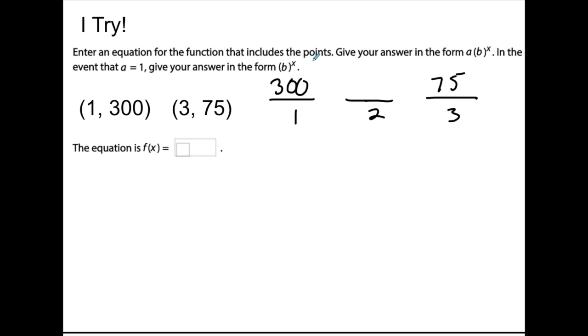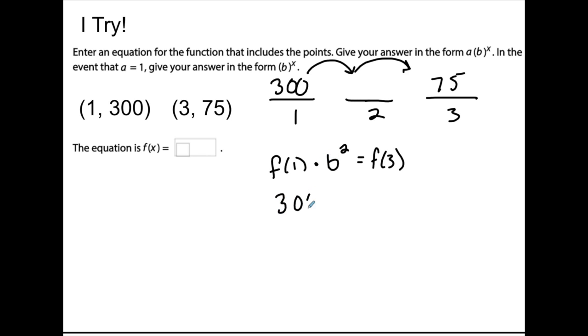So I don't know b, but I know that if I multiply f of 1 times b, and then times b again, I get f of 3. So what I know is that essentially f of 1 times b squared is equal to f of 3, because it's f of 1 times b times b.